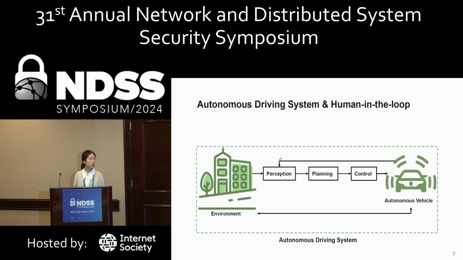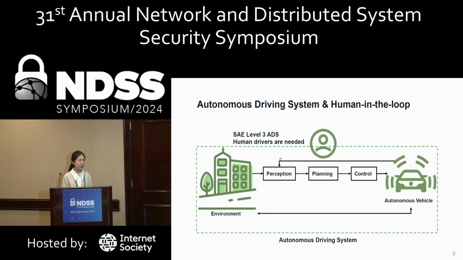As we all know, an autonomous driving system typically follows this loop. At the beginning, we have the perception components, followed by the planning and control part. The SAE organization also has a recommended definition for different levels of autonomous driving systems.